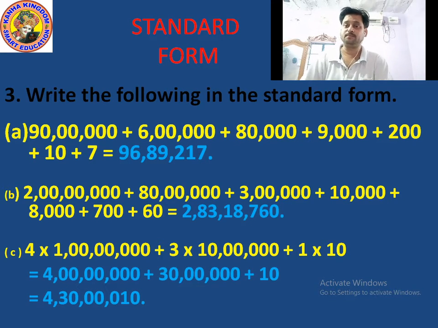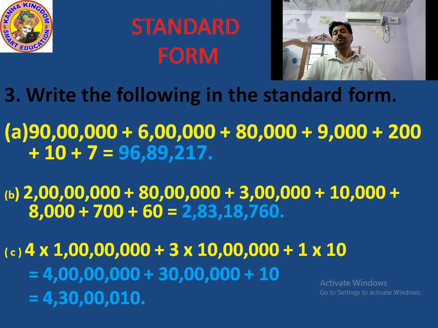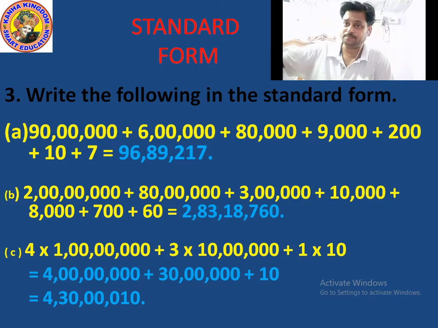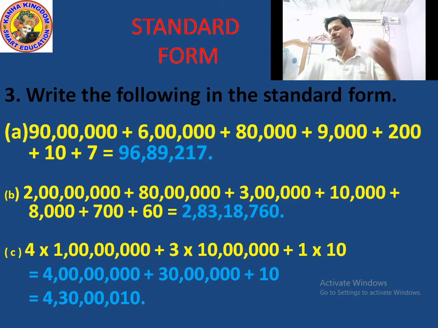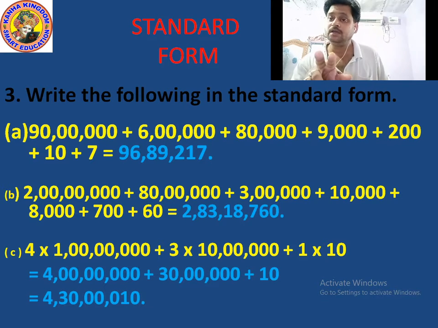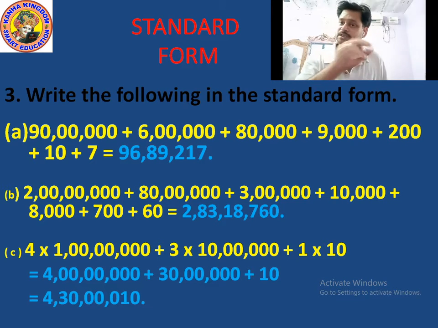2 comma. Now the next number, 80 comma 00 comma 000. So how many commas? 2 commas. And after the second comma, how many digits? 2 digits. First you clear it. Now second thing, if there are 2 commas in a number, then how many periods? 3 periods.